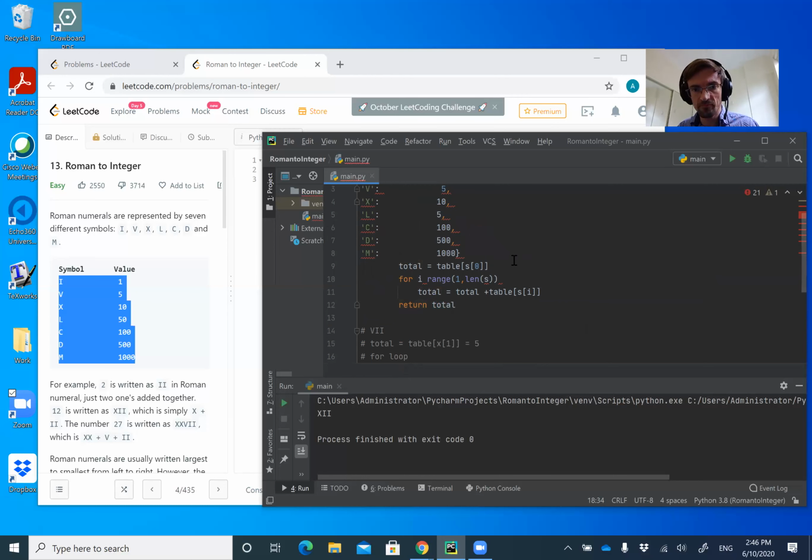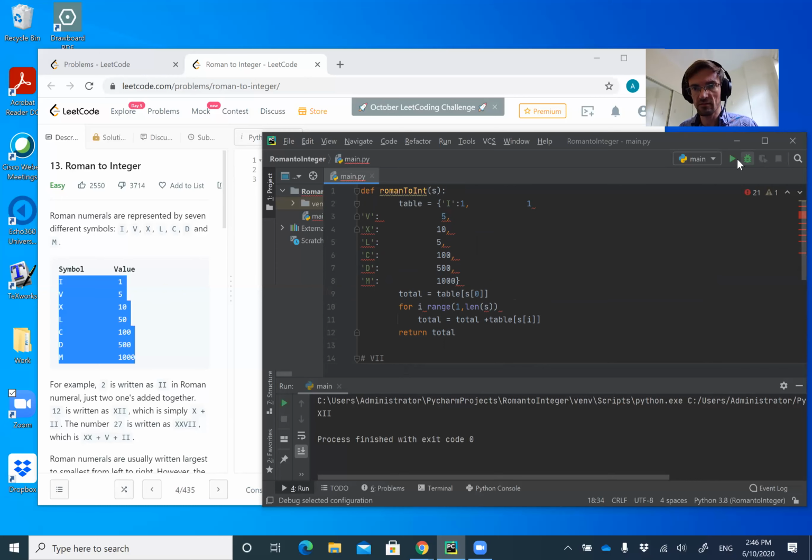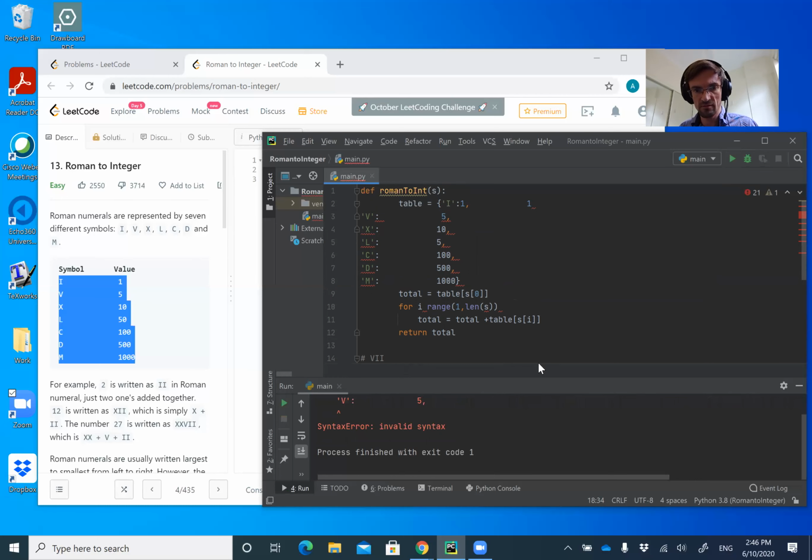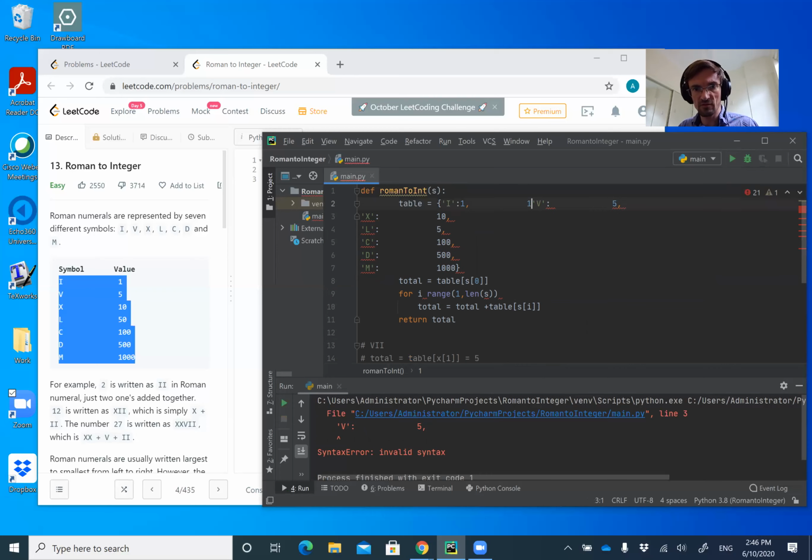Okay. So let's just run that and see how far we got. We definitely have to do it a little bit nicer. Remove all of the unnecessary parts, like that, that, and that.